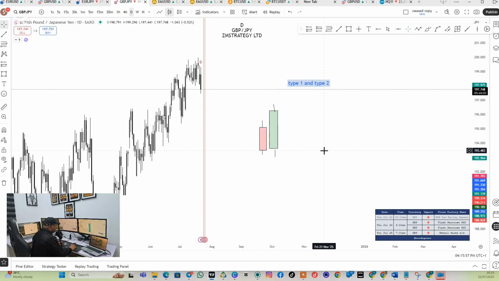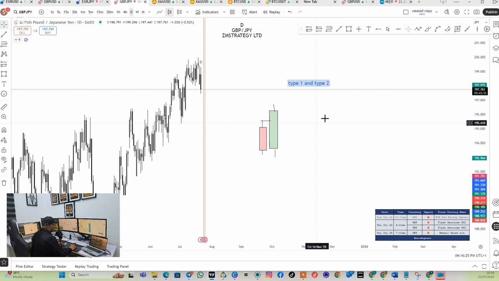One thing you need to take note of is that the body of this candlestick closes above the wick. Not this wick, we are talking about the body of this bullish engulfing candlestick, which closes above the wick and also closes above the body. So you can see that this is a good engulfing candlestick type 1, because the body of this one closes above the wick and also above the body.